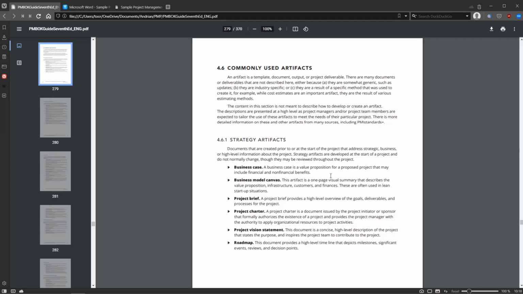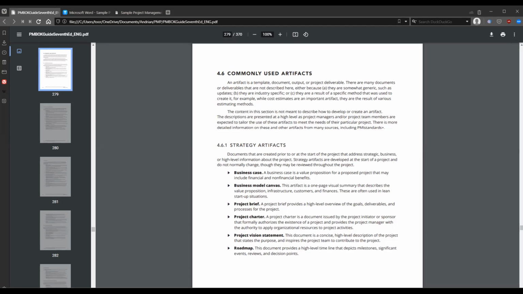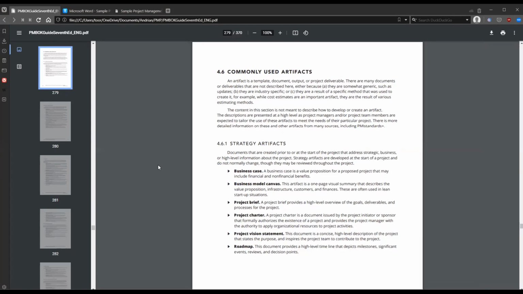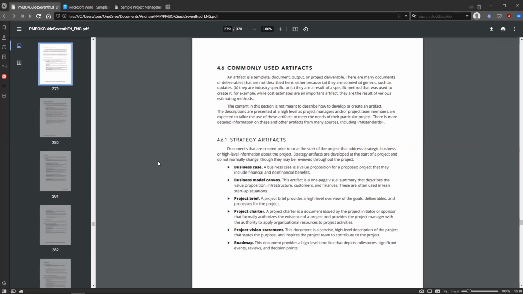Project documentation starts at the very beginning of the project. So people who are delaying documenting information to the last moment are doing themselves a disservice.